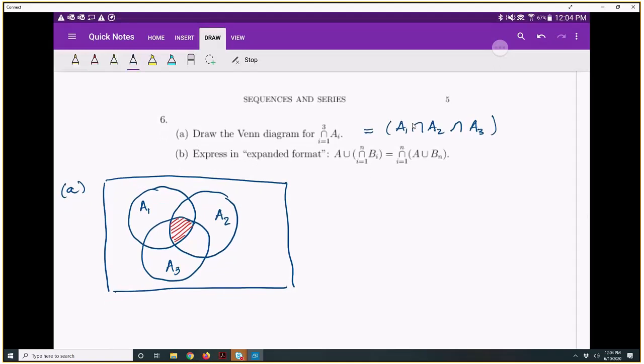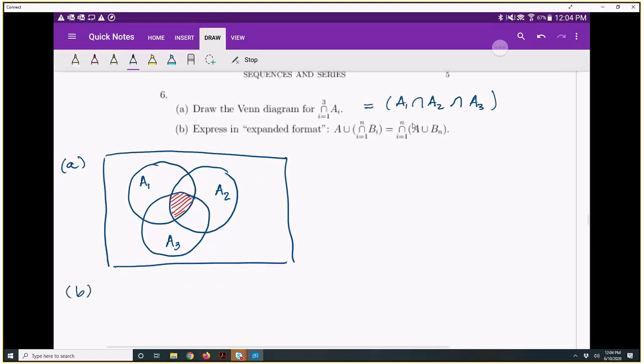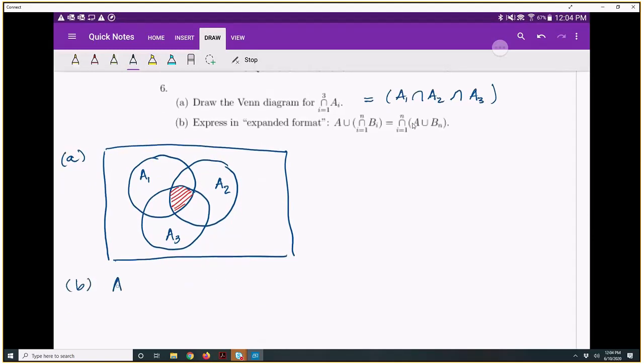Now, express in expanded format. So this is A union, I'm going to start my parenthesis, and the intersection of B sub I with the index I starting at 1. So B sub 1 intersecting B sub 2.